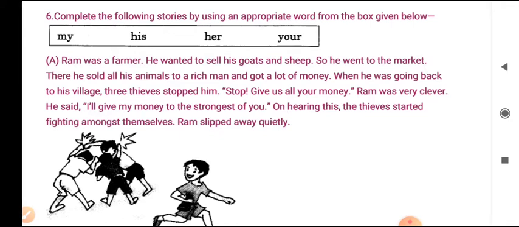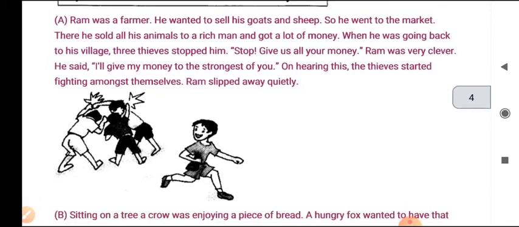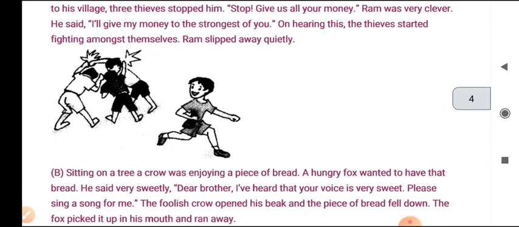When he was going back to his village, 3 thieves stopped him. Give us all your money. Ram was very clever. He said, I will give my money to the strongest of you. On hearing this, the thieves started fighting amongst themselves. Ram slipped away quietly. So you can see the picture tells a lot of things.